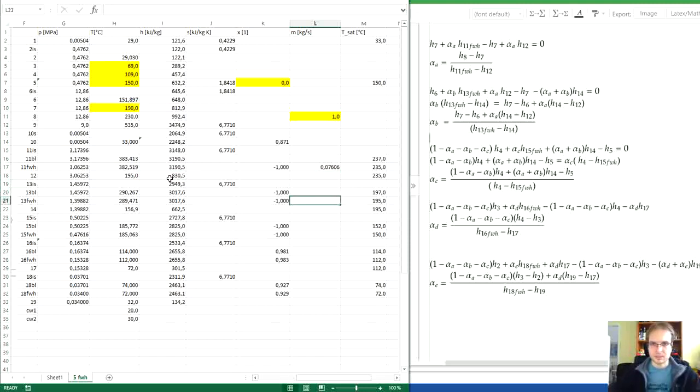For the point number 13 we have H7 minus H6 plus alpha A times H14 minus H12, divided by H13 feedwater heater minus H14.